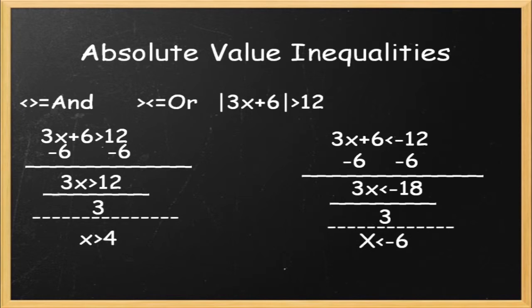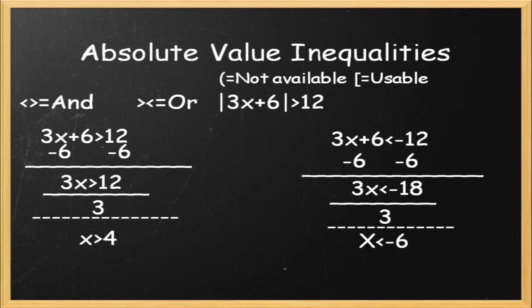Now you get 2 different answers. X is greater than 4, and x is less than negative 6. And like I said, because this is an or, we have to graph them with interval notation. When it's an or, you do 2, and when it's an and, you just do 1.